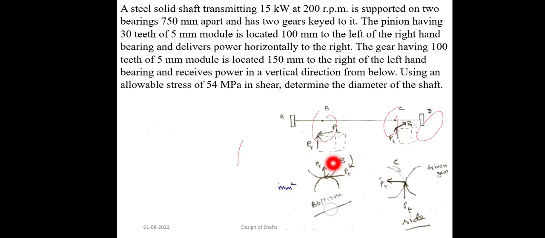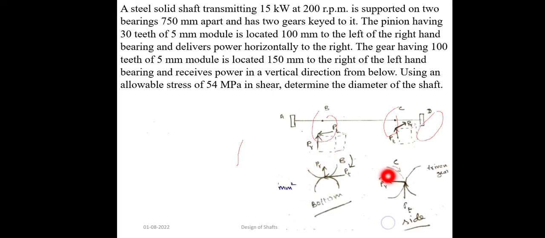Here also, while gear B meshes with one more gear, it will have two kinds of forces, radial force and tangential force. The radial force acts towards the center of the gear, the center of the shaft. The tangential force will be perpendicular to the radial force. Since gear B is a driven gear, the tangential force will be in the same direction as the rotation of the driven gear.